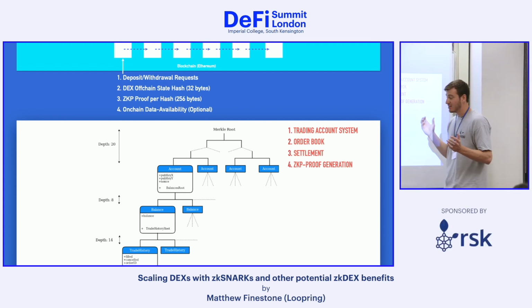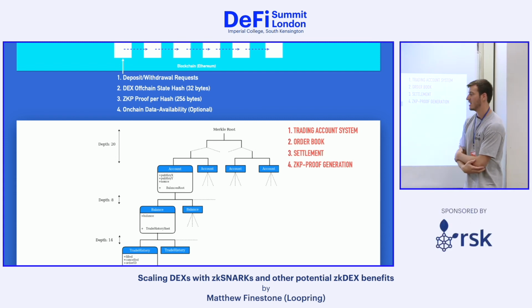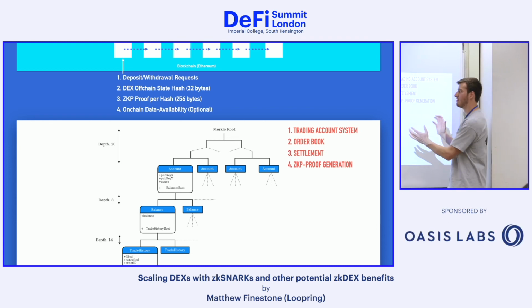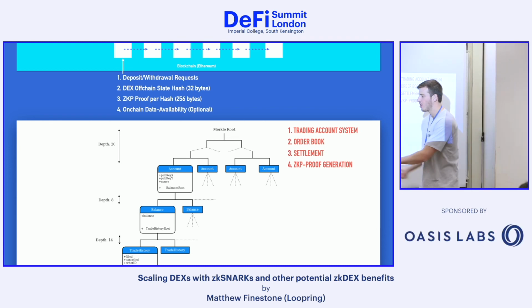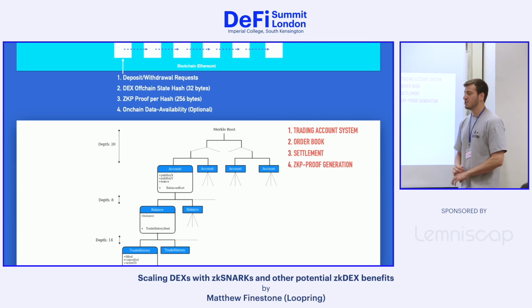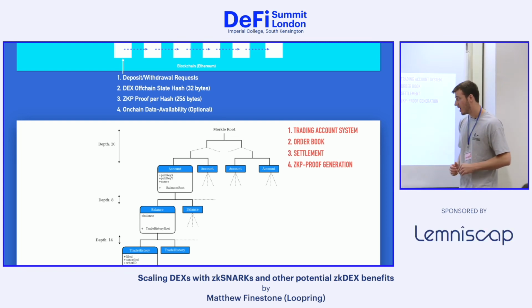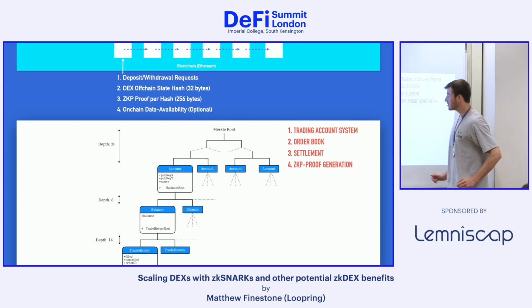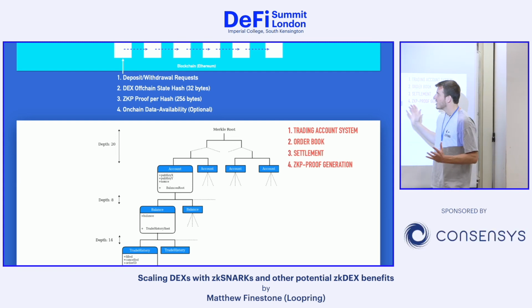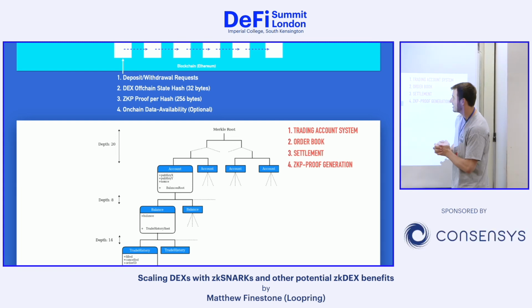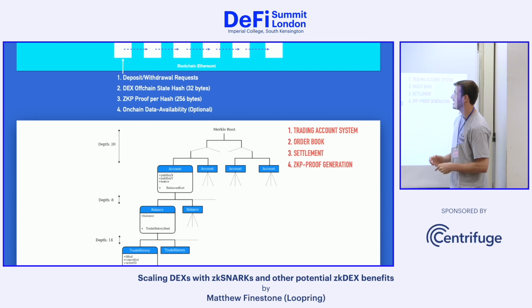So a common way to phrase this is that we use Ethereum as a data availability layer, and we do all the computation off-chain, just verified by the SNARKs. So that's how this works with the on-chain data availability.